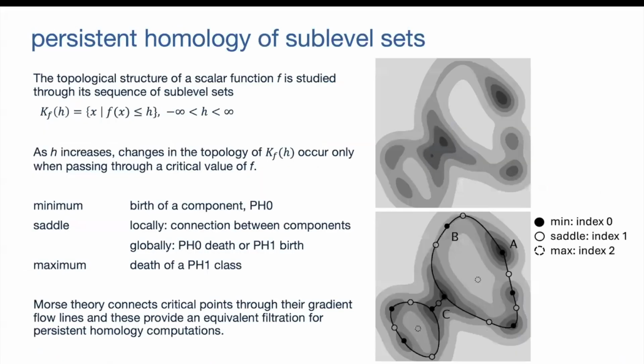All right, so we're going to get into some of the details here. The filtration we're applying is this sublevel set filtration. What we're studying is the region of the plane where the function values are less than a threshold.